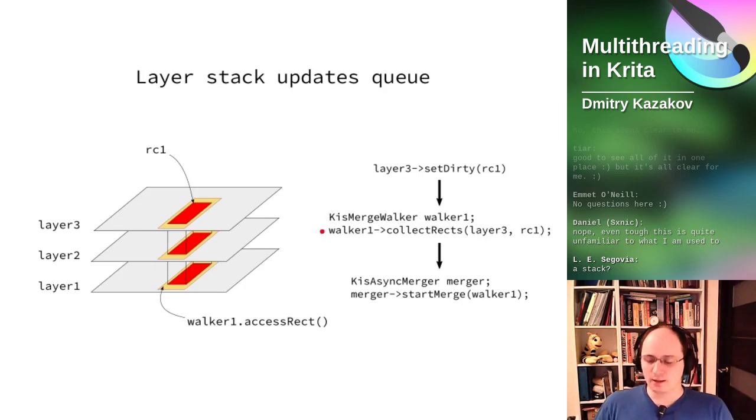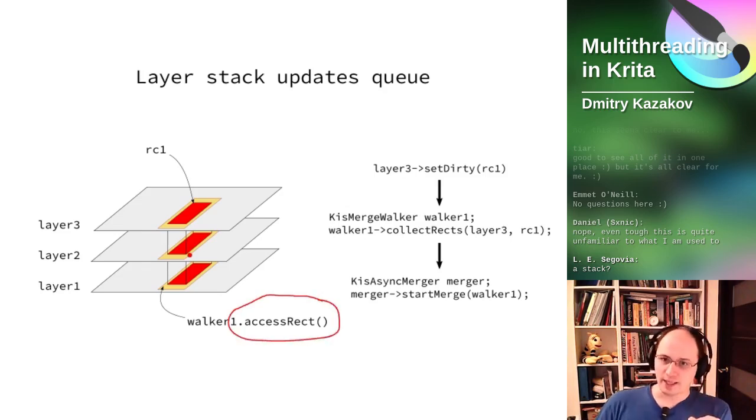When the walker collects information about the merge operation, it also collects information about the so-called access rect. This is the area from where this update will read information and where this update will write information to. It is needed for the scheduler to plan the updates later.